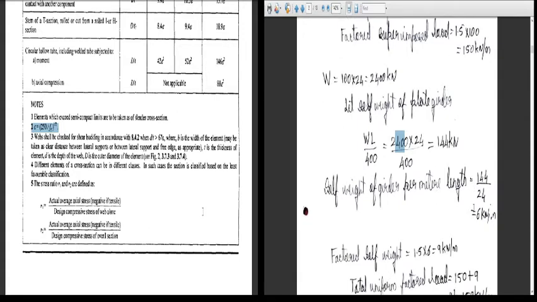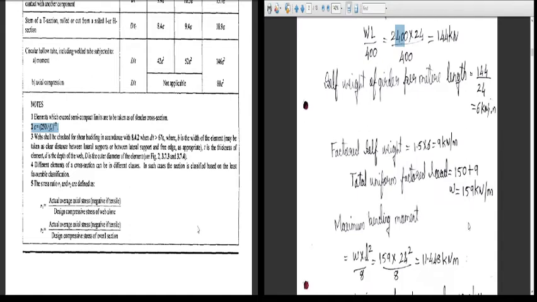Converting it to UDL, self weight of the girder per meter length is 144 divided by 24, which is 6. So factored self weight is 1.5 into 6, so 9 kilonewton per meter. The total uniform factored load will be the superimposed load 150 kilonewton per meter plus 9 kilonewton per meter, so W is equal to 159 kilonewton per meter.